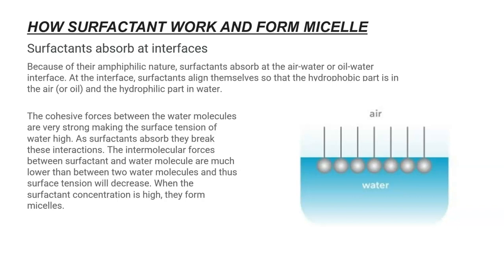Therefore, the surface tension will decrease. So when the surfactant concentration is high, they will form micelles. The point at which micelles are formed is called critical micelle concentration. So the main purpose of a surfactant is to decrease the surface and interfacial tension and stabilize the interface.